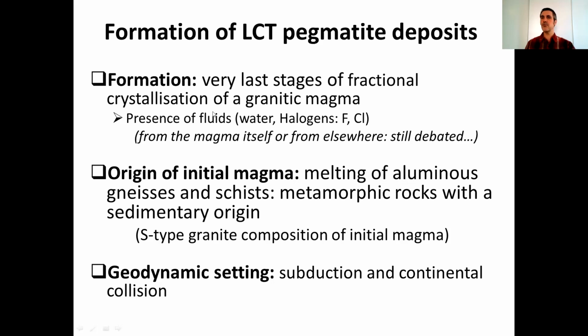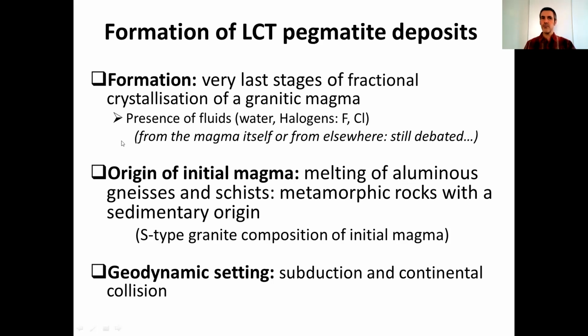So at the end of the crystallization, we have a lot of fluids. We have water, we have halogens like fluorine and chlorine. Nevertheless, the origin of the fluids involved in the formation of pegmatite deposits is still debated. We still don't know if it is only from the magma itself through fractional crystallization, as I explained, or if the fluids come from somewhere else.